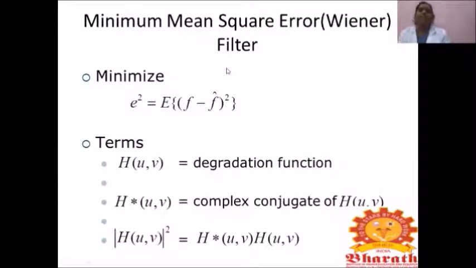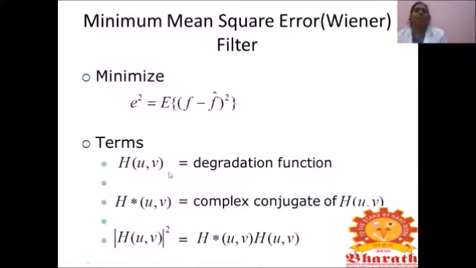The Wiener filter is also called the minimum mean square error filter. It is used to reduce the error, that is, the noise ratio. So E square is equal to E of F minus F cap, where F is our original image and F cap is the image after performing the restoration operation. Here we have some terms to know.